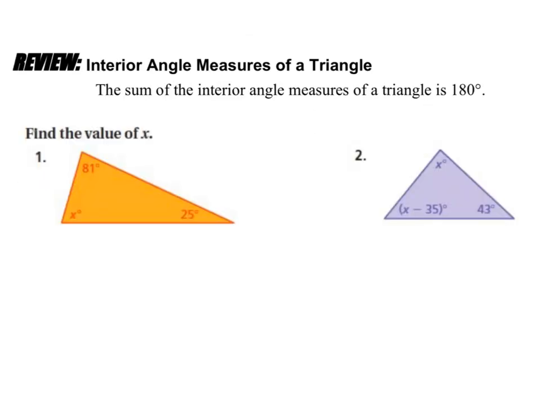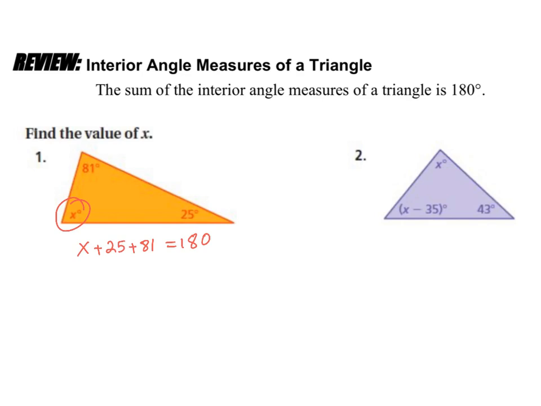Okay, before we get too far, we have to remember some basics from before. Remember that the angle sum of a triangle is 180 degrees. So if we wanted to find angle x in number 1, we'd have to solve this equation where the sum of the interior angles is 180. Works the same for number 2.